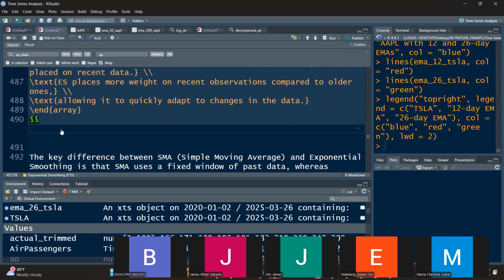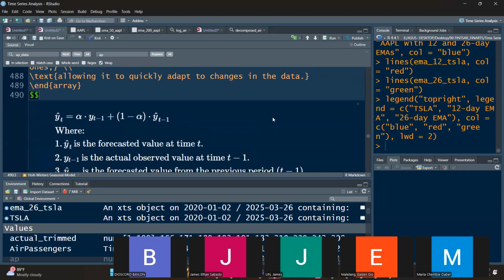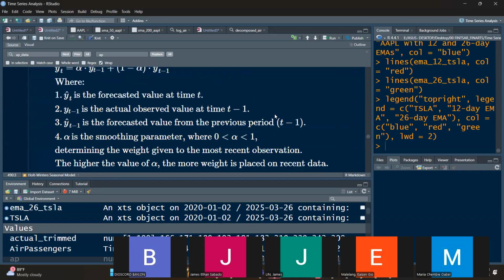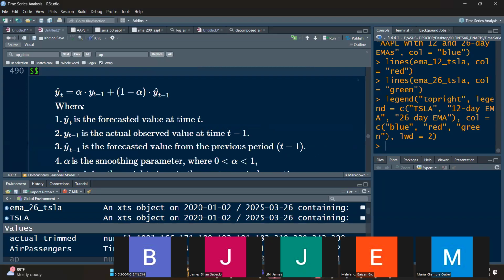Okay, this is just the formula, class. Your predicted value of y is equal to a certain function, a certain smoothing constant, alpha, multiplied on past values of your y, and then 1 minus alpha on past predicted values.